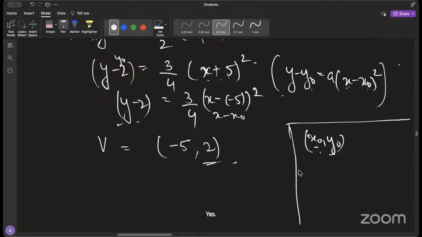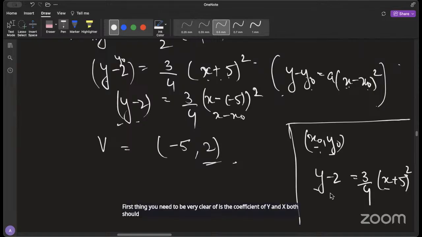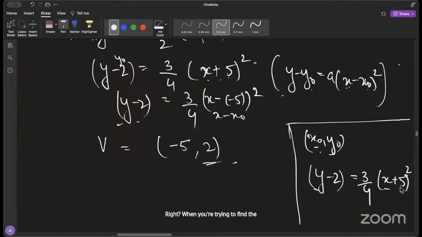Now have a look at this: y minus 2 equals 3 by 4 (x plus 5) squared. The first thing you need to be very clear of is that the coefficient of y and x both should be 1 in this form when you're trying to find the vertex.